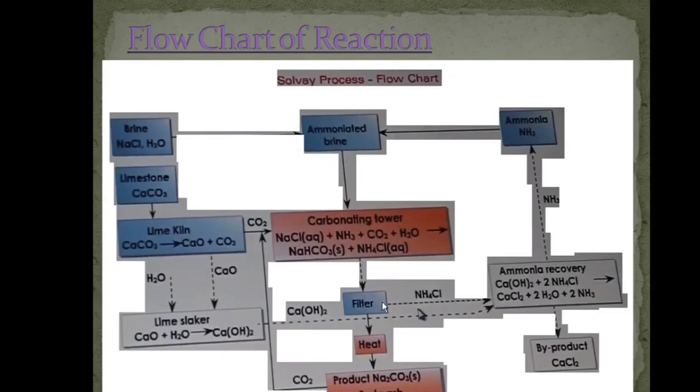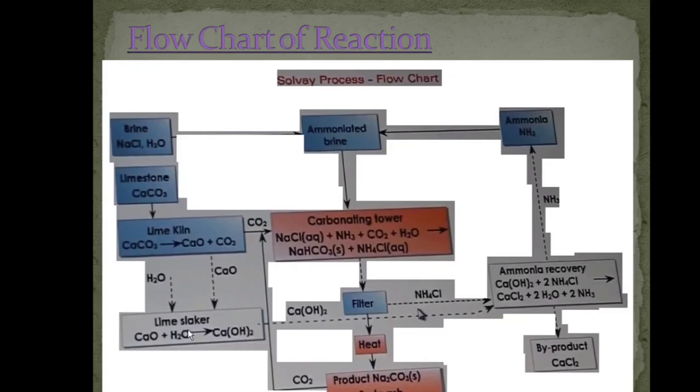The filtrate, that is ammonium chloride, is separated, and sodium carbonate is obtained by heating the sodium bicarbonate, that is the calcination reaction. Along with the product sodium carbonate, CO2 is also produced and that is again recycled to the carbonating tower.